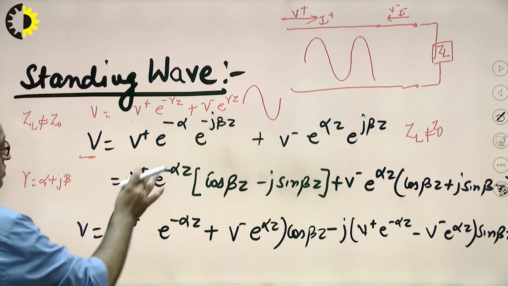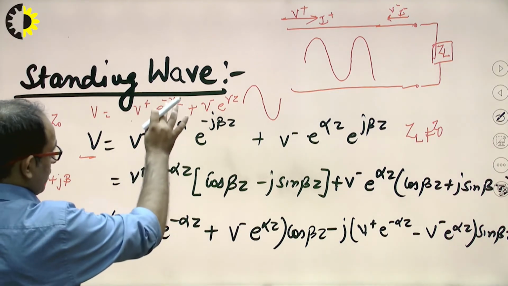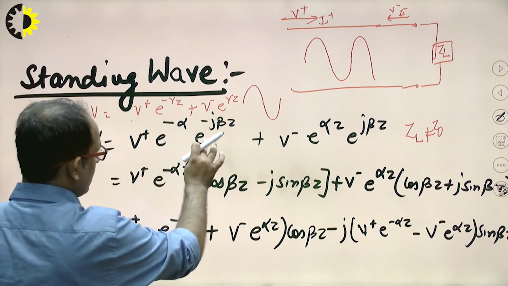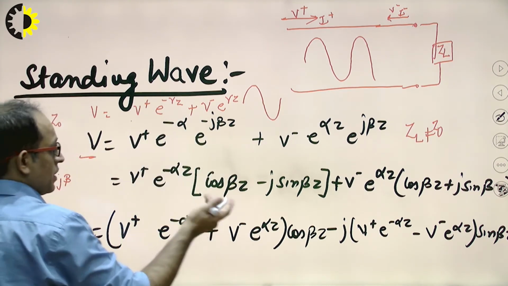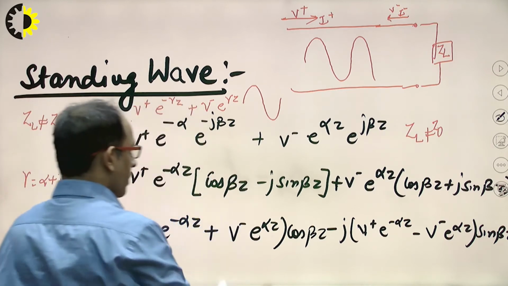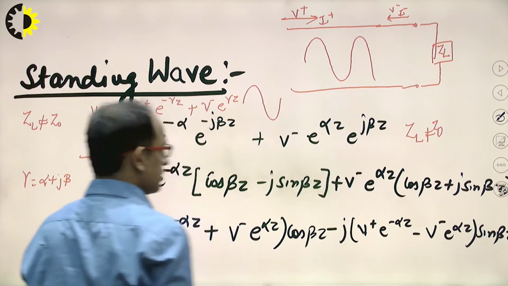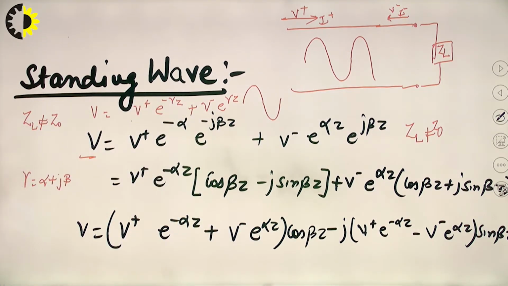Clear? Now if I put the value of gamma here, we get V equal to V plus e power minus alpha z minus j beta z plus V minus e power alpha z into e power j beta z.